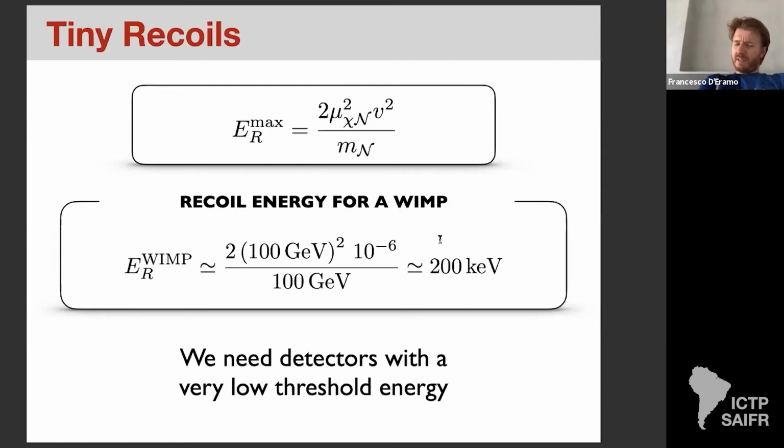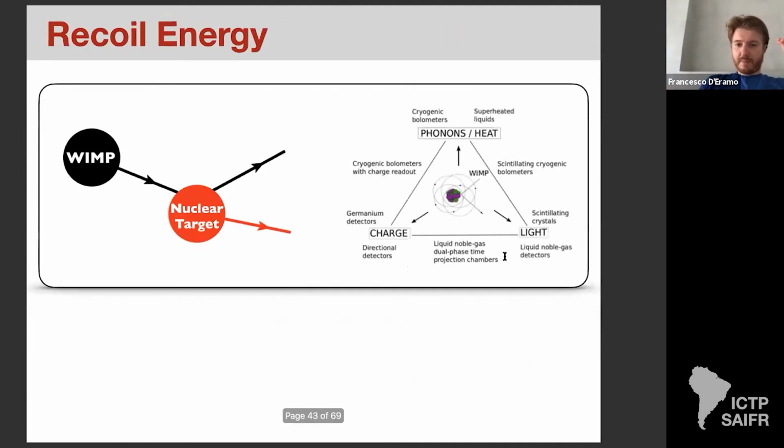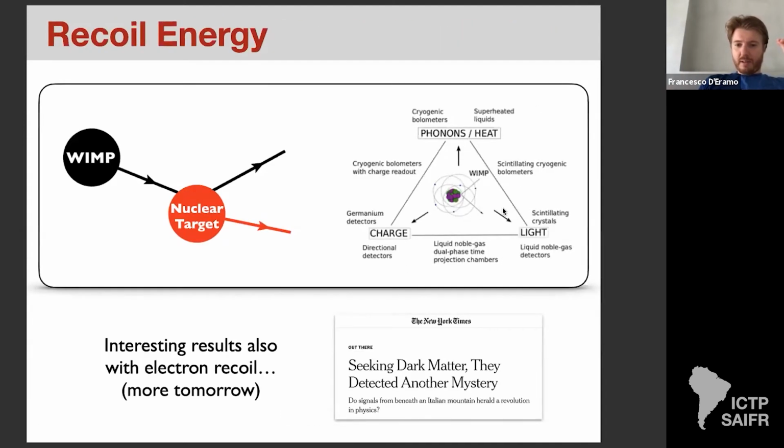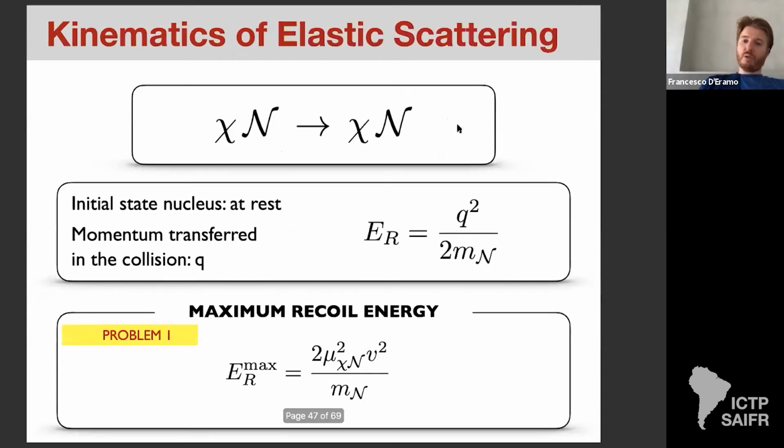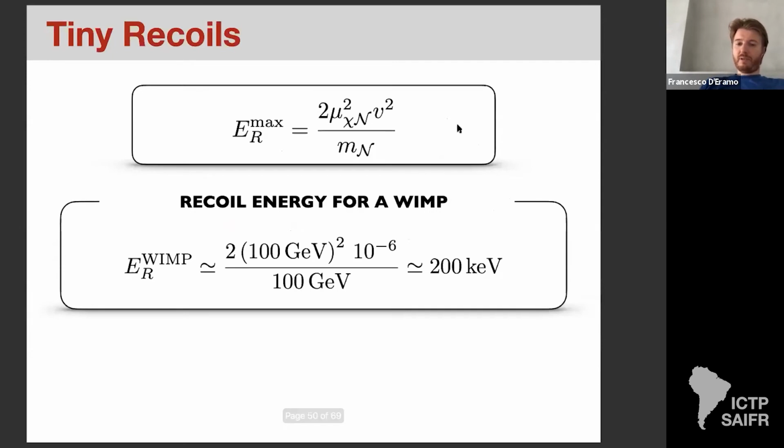So maybe I will answer this question tomorrow when I talk about the xenon results, and I will show you a plot from the experiments. The short answer is that xenon is sensitive to 2 of these 3 signals, and the way they show up is different for nuclear and for electron recoil. So by measuring a combination of 2 signals, they are able to infer if it was generated by electron recoil or nuclear recoil.